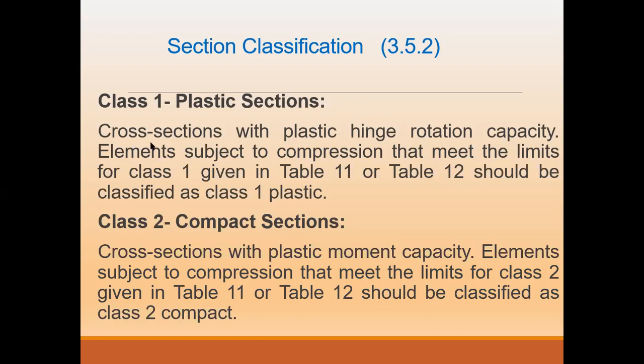And the elements which are subjected to compression should meet the respective limits that are given in table 11 or table 12 of the same code that I have mentioned to you.